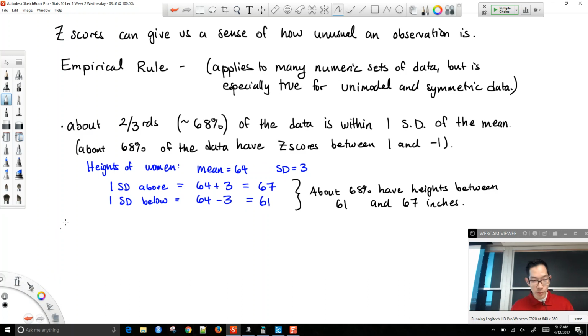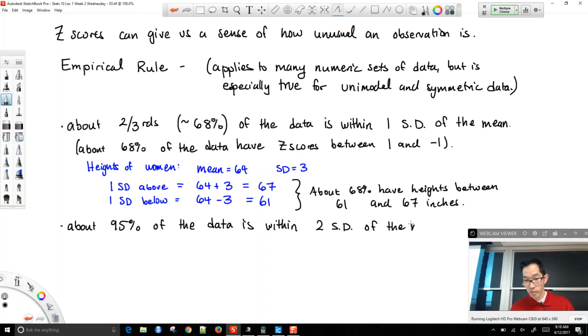The other parts are very similar, except we just have different numbers. When we say about 95% of the data is within 2 standard deviations of the mean. Or in other ways, we can say about 95% have z's between -2 and 2.